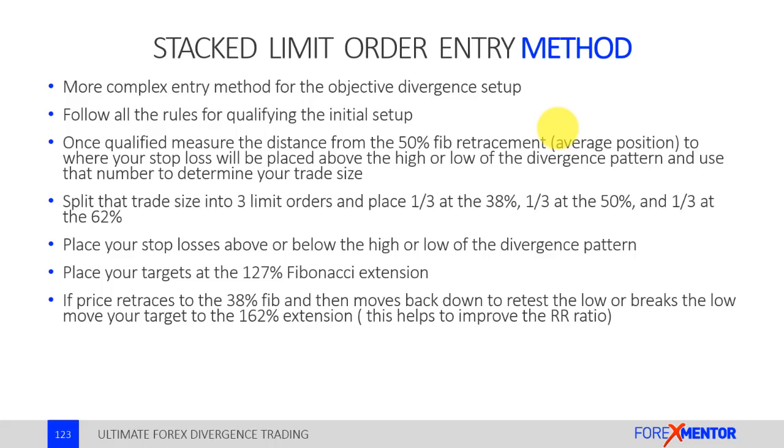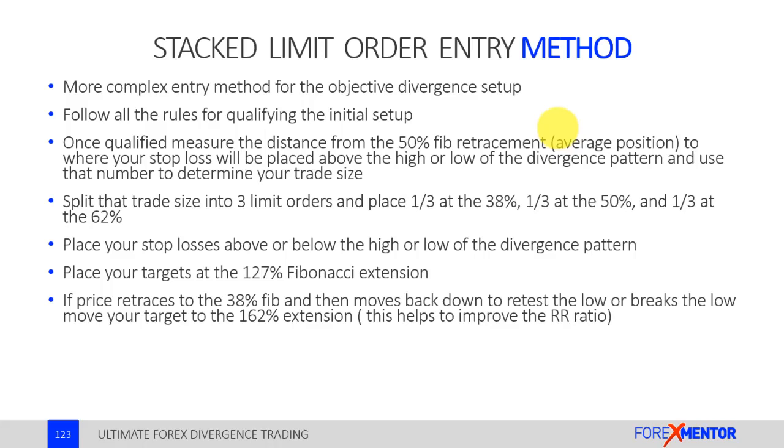So if price retraces to the 38% fib and then moves back down to retest the low or breaks the low, at that point you want to go ahead and move your target to the 162% extension. What this does is help to improve the reward to risk ratio. And normally, if a divergence setup can only manage a 38% Fibonacci retracement, it's going to be a stronger move anyway.